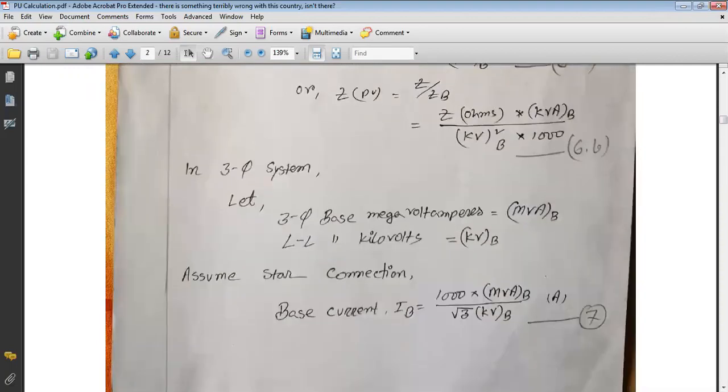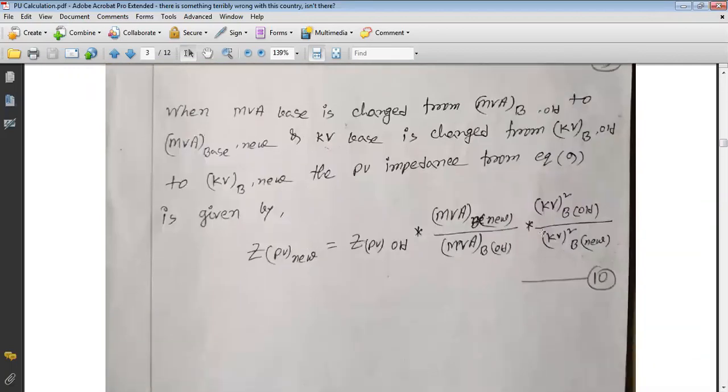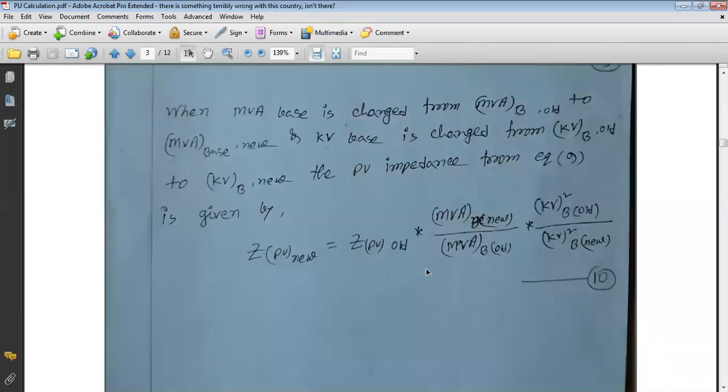Equation number 2 is for when there are two different values of power. For example, a per unit value is given in our question for a particular device, like a per unit impedance value of a transformer that is 10% on the base of 50 MVA power rating and 20 kilovolt voltage rating.